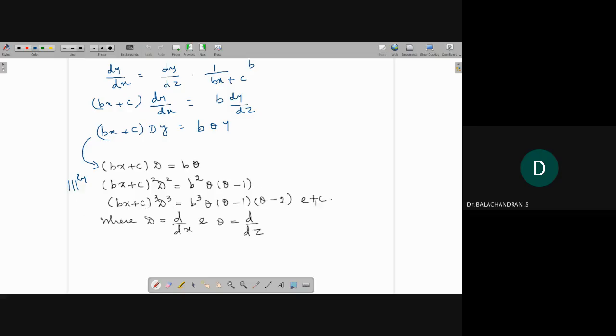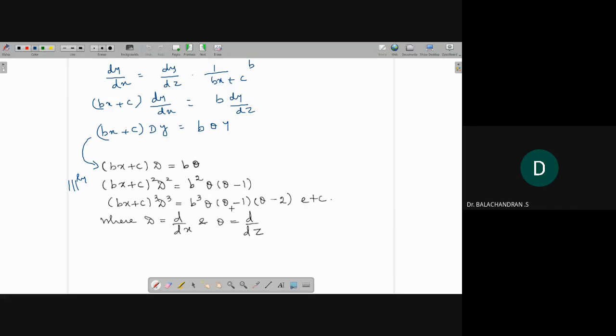Similarly, you have xD equal to theta, x square D square equal to theta into theta minus 1, x cube D cube equal to theta into theta minus 1 into theta minus 2. Here bx plus c into D equal to b theta, and similarly bx plus c whole square into D square equal to b square into theta into theta minus 1, and so on.